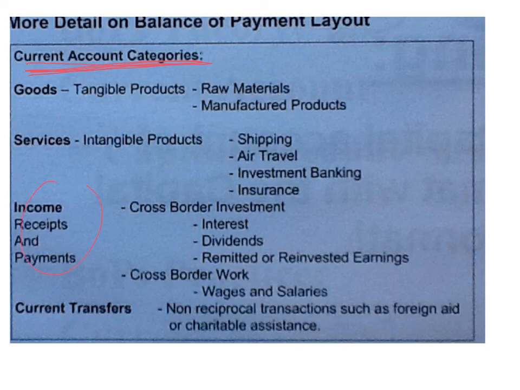And so this description here is really talking about the primary balance. And this description here, which is current transfers, is talking about the secondary balance. I think that's about all I need to say on that.